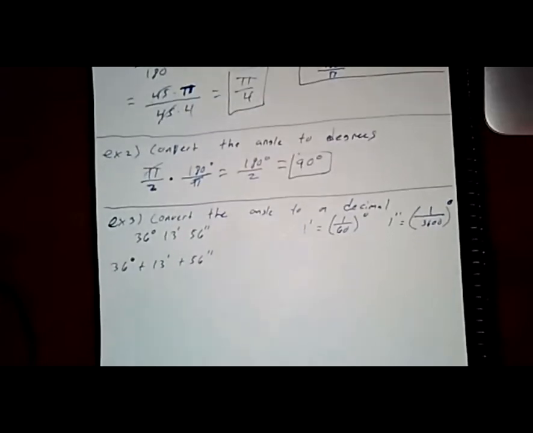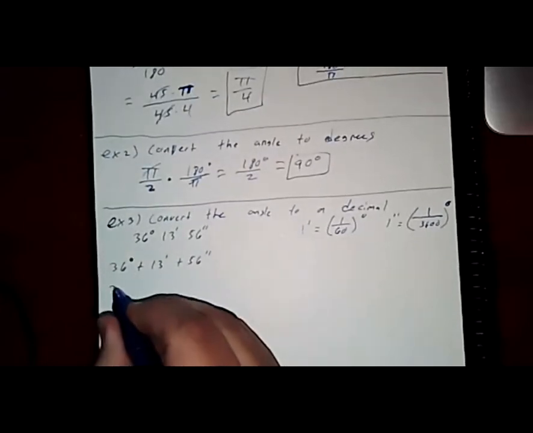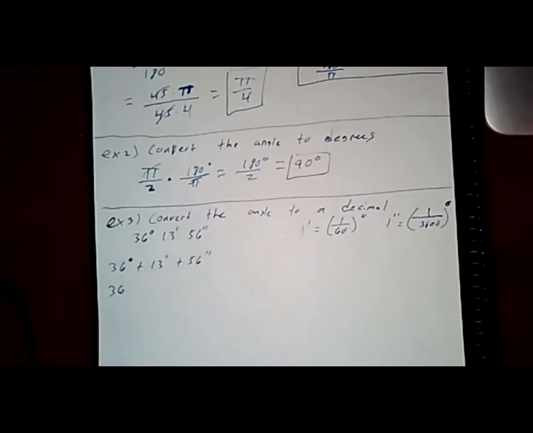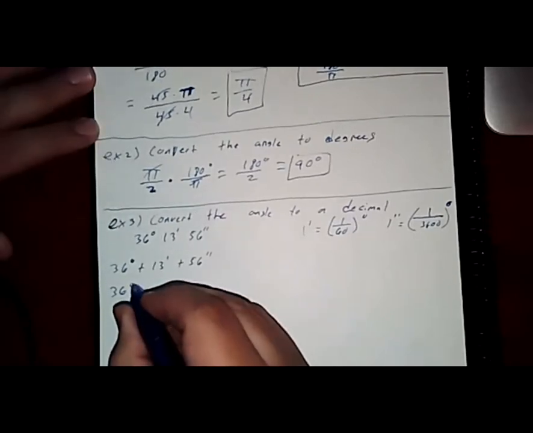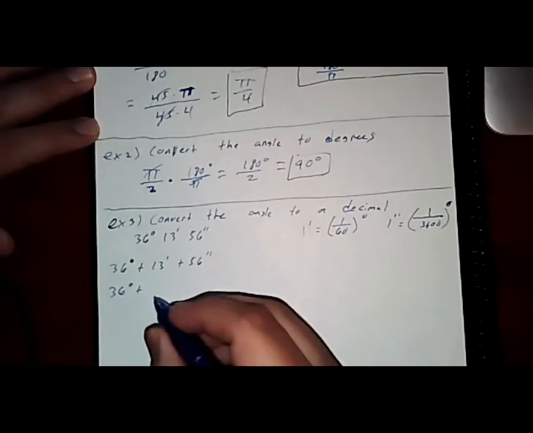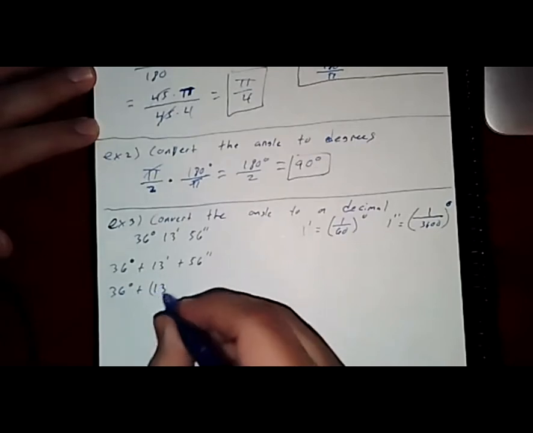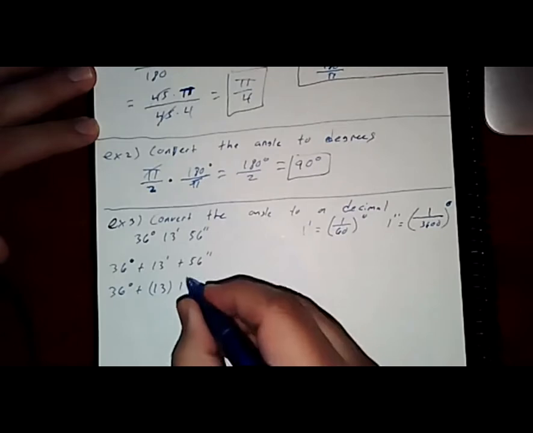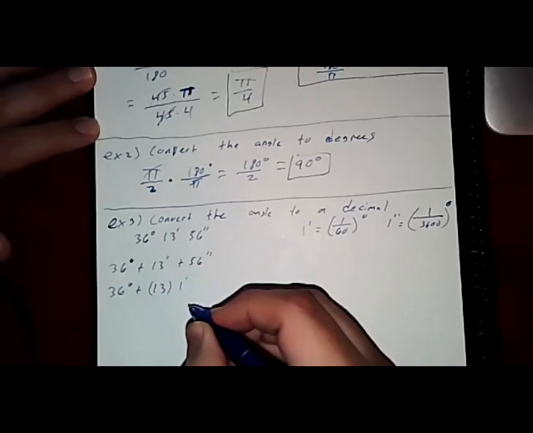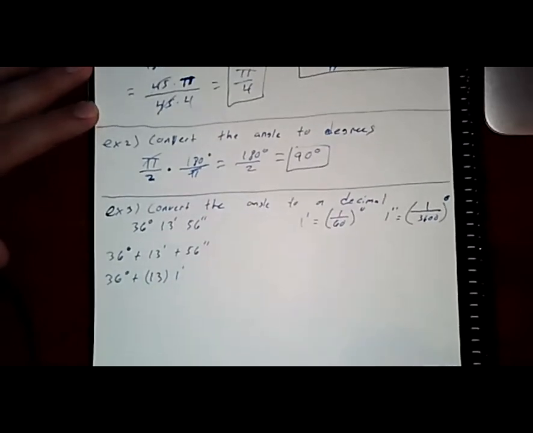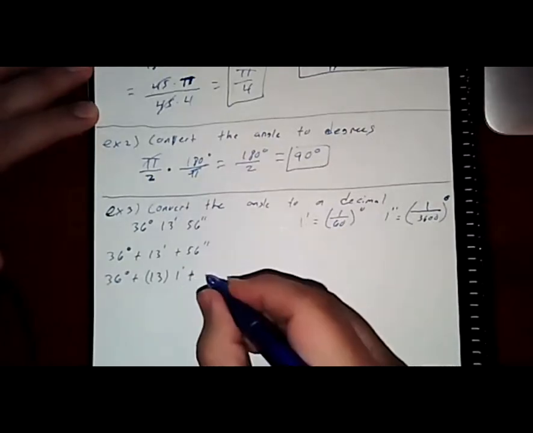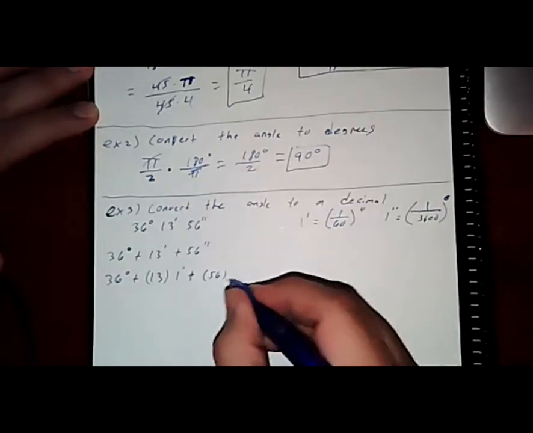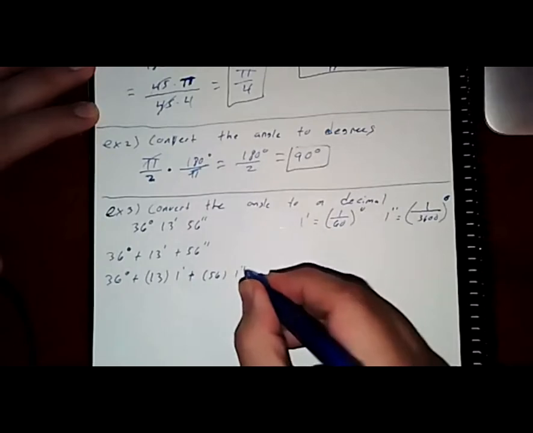So just convert this. What you do is remember that this is 13 times 1 minute, right? You agree that's the same thing? The number 13 times a minute is 13 minutes. I know that sounds silly, but it's important. 56 times 1 second, you agree that's 56 seconds, right?